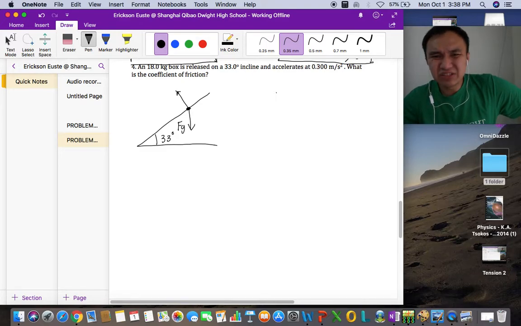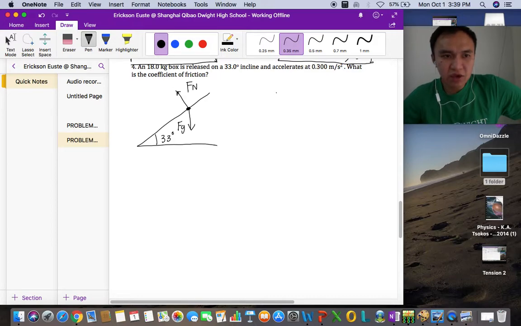Notice, class, that you might be thinking it's not really a straight line. I'm really sorry, but when you're writing on an electronic tablet, it cannot easily be controlled, so sometimes I'm just guessing where it is.